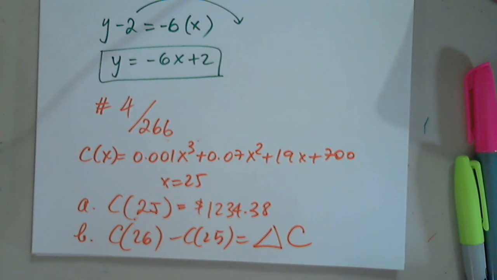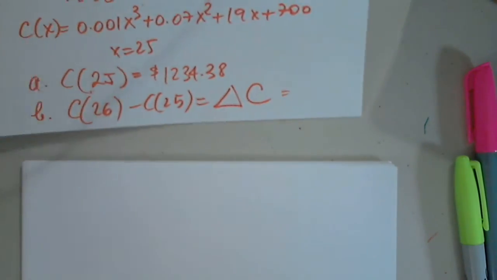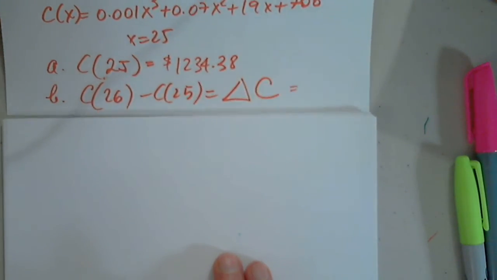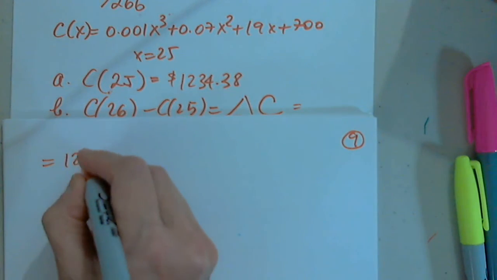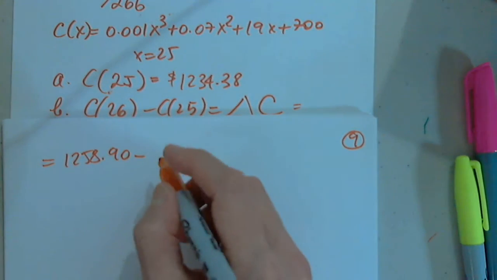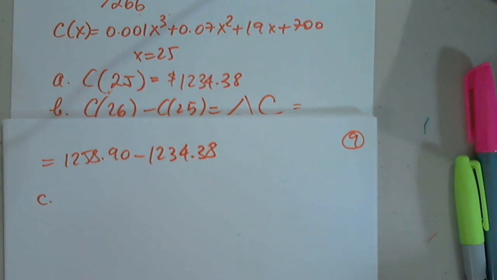So 26 gives 1258.90. So this is 1258.90 minus 1234.38.